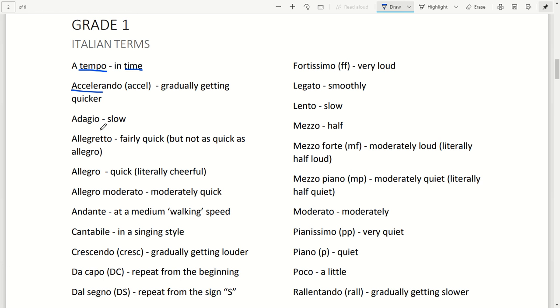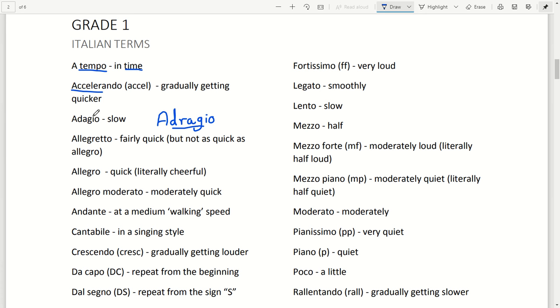So let's have a look at one. Adagio. Here's a bit more of a complicated one. I couldn't think of a way to cognate that into an English word. So let's try and turn it into something else. I'm going to put in one extra little letter, and adagio is now adragio, and having a look at that, it's got the word drag in it.